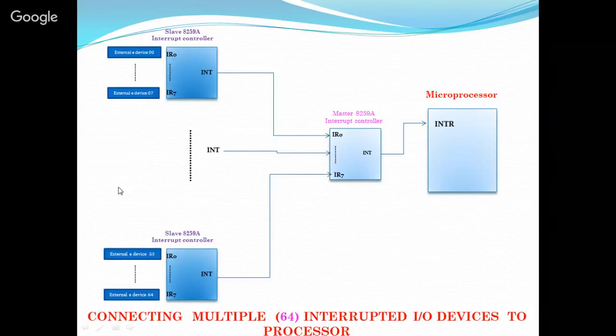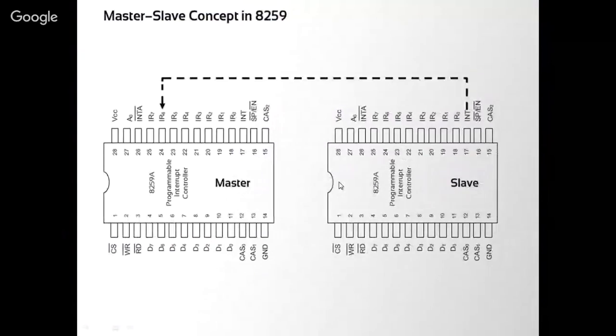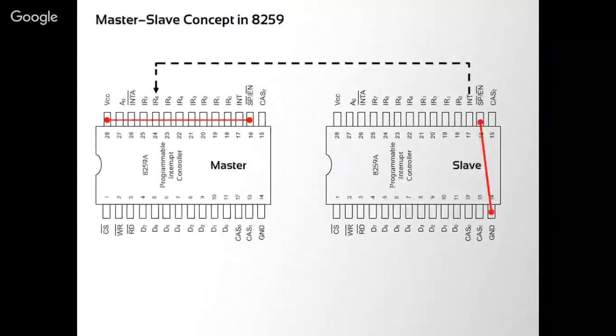That is the connection diagram of 8259. One works as a master and the other works as a slave. The INT pin of the slave is connected with IR6 of the master, and VCC is connected with SP bar oblique EN bar because that one works as a master, and SP oblique EN bar is connected with ground because that one works as a slave.